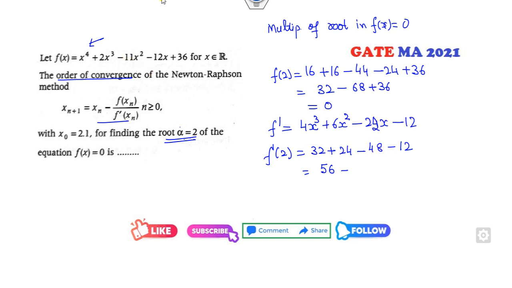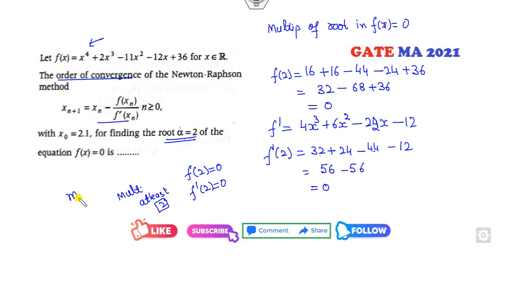When you take x equal to 2, it is 44. Then 56, it is again 56, which is 0. What does it mean? Whenever you have f of 2 is 0 and f dash of 2 is 0, it means the multiplicity is at least 2.